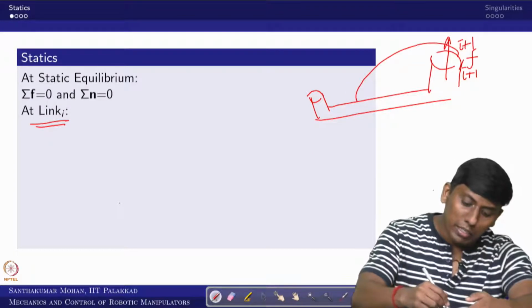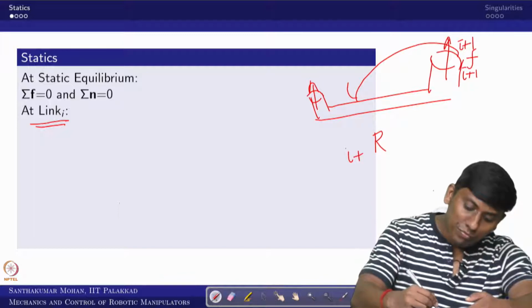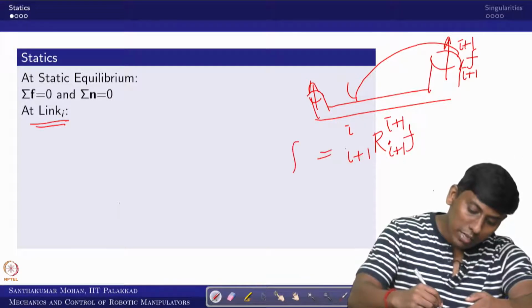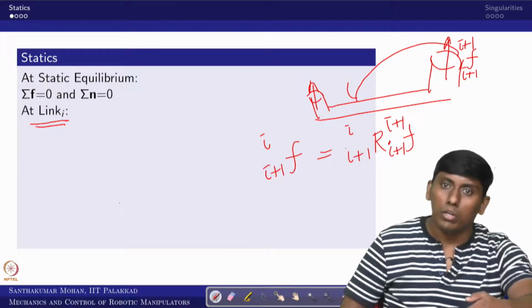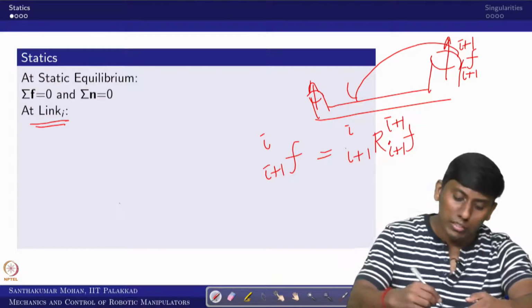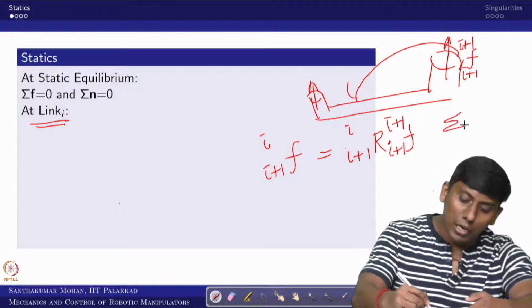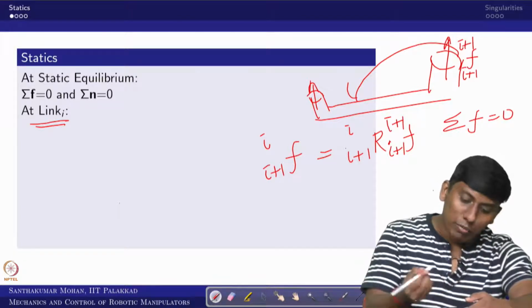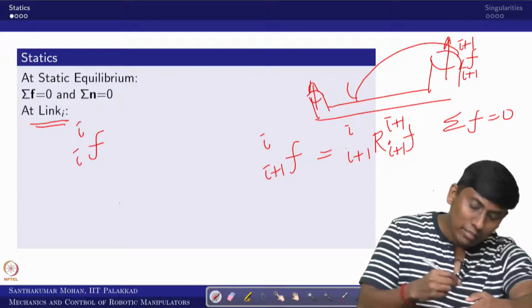If I want to convert it here, I multiply it with respect to this, which gives f i to i plus 1, right? But one additional thing you should know is that this is static equilibrium, in the sense that the cumulative forces would be 0. So what forces would be acting here? One force would be i to i.